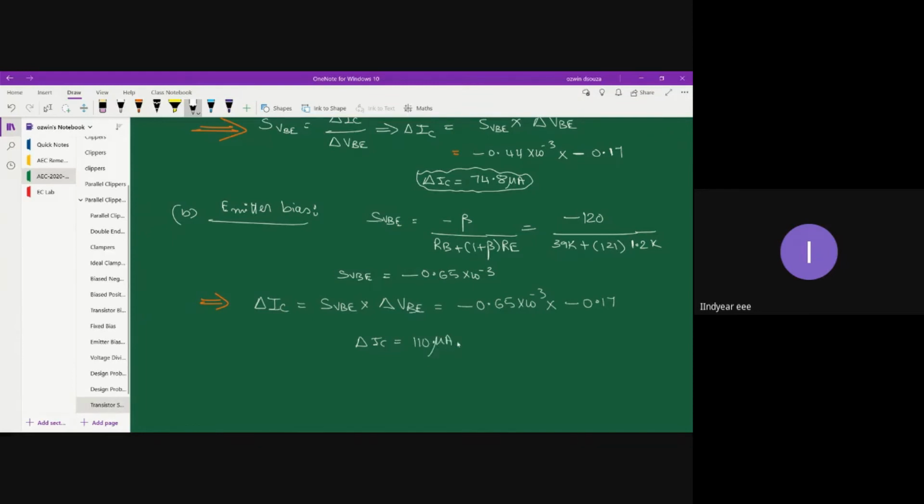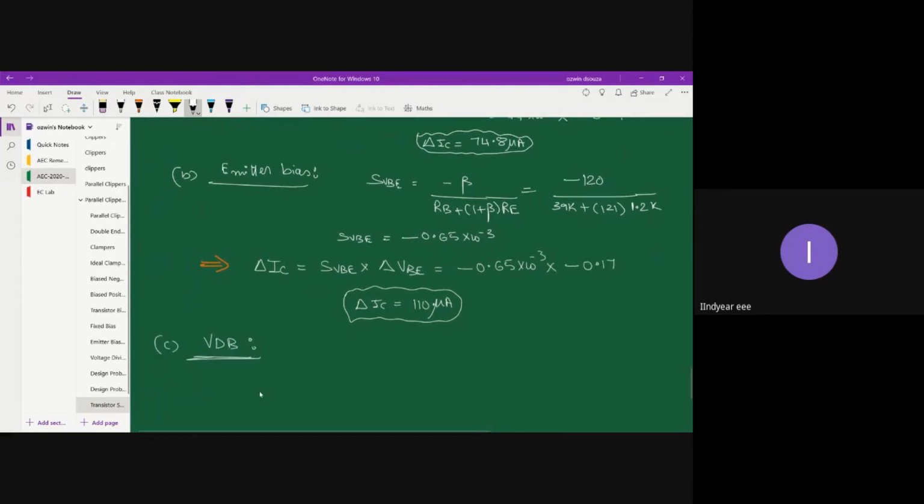Okay, so that's the change in collector current. And finally, you can do it for voltage divider bias. If you know emitter bias formula, you can write it for voltage divider bias circuit. So SVBE for a voltage divider bias circuit is minus beta divided by, in place of RB, you have RTH, the Thevenin's resistance, and then rest all remains the same.